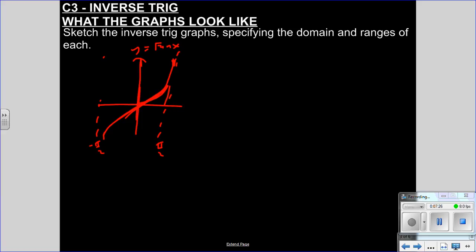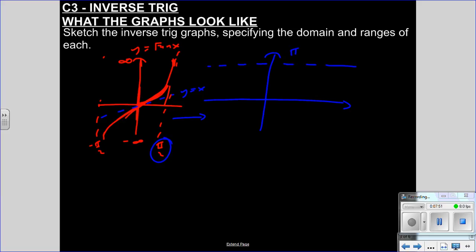And here, remember, this thing tends to infinity and minus infinity. So if we invert it by the line y equals x, then where we had an asymptote at pi by 2 on the x, we're now going to have an asymptote of pi by 2 on the y, because all the x's and y's switch over.